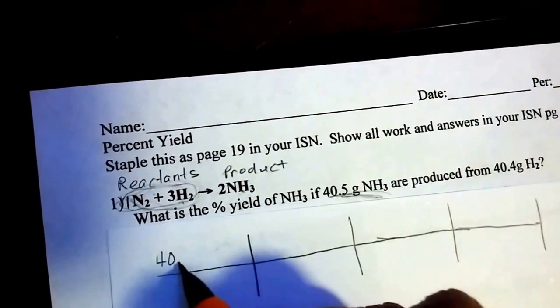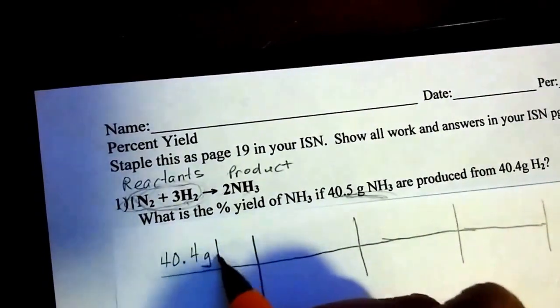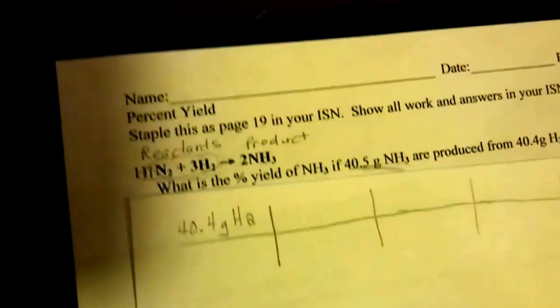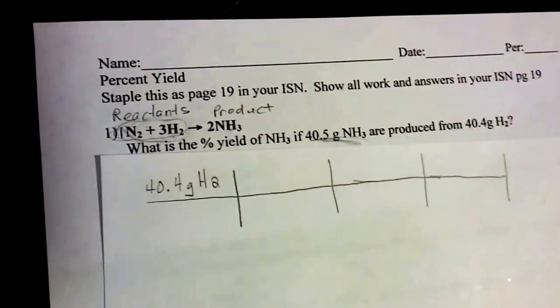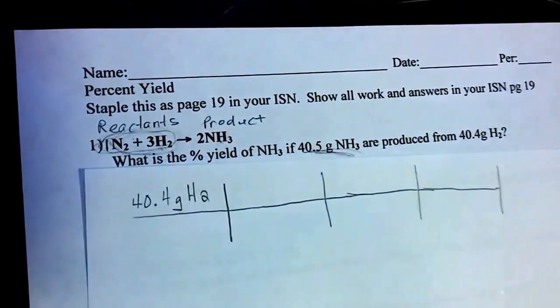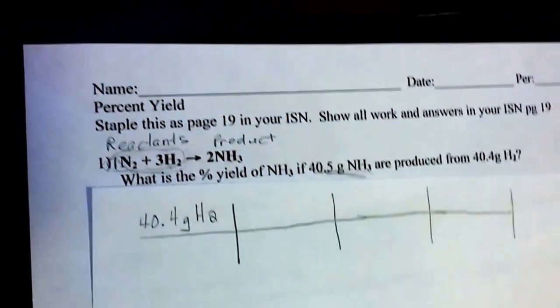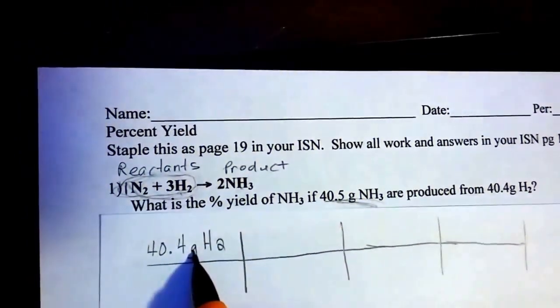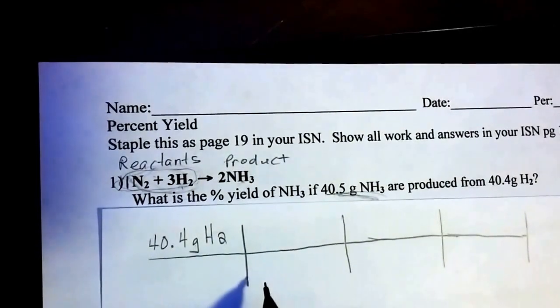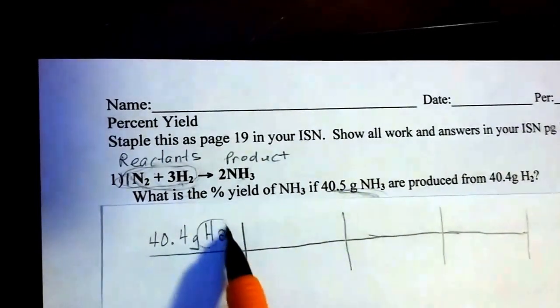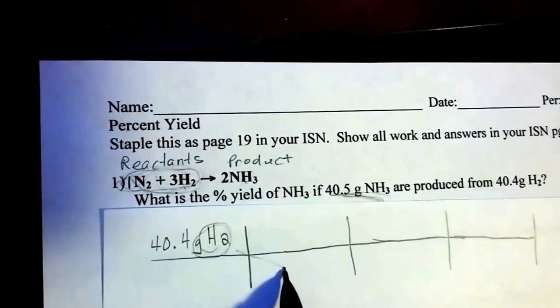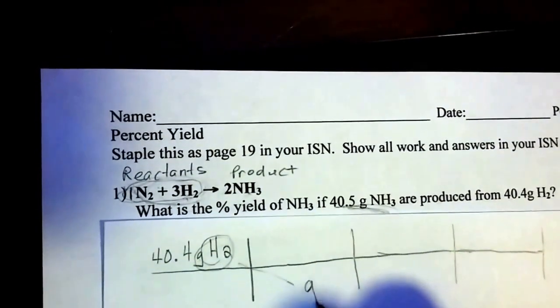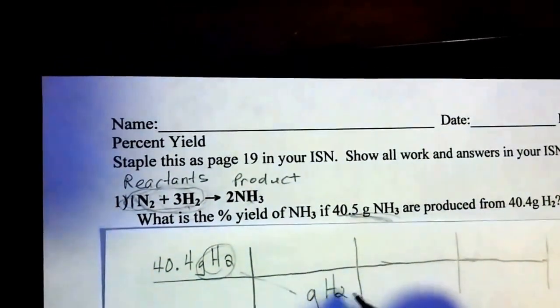Okay, so you have 40.4 grams of hydrogen, just like that. And I want you to go ahead and write it onto your paper. Make sure you draw all your little boxes. Okay, so it's a mass to mass. And so if we have grams here, that means that this next step is going to be moles and grams. Make sure that your unit and your compound are diagonally the same. So it's grams of H2.